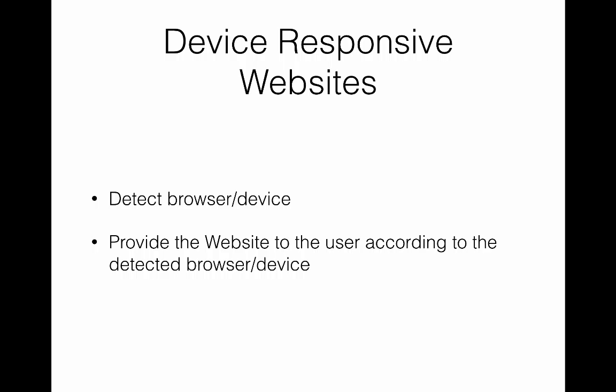So if we want to have a website that adapts to the device, we first need to detect what the device is, or what the browser is on that device. And once we have done the detection, then we want to provide the suitable version of the website to the user according to the detected browser or device. So that's the basic idea of device responsive websites.